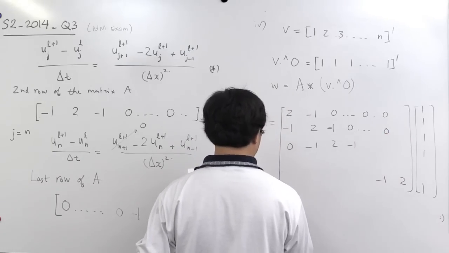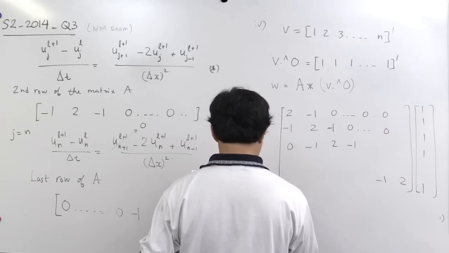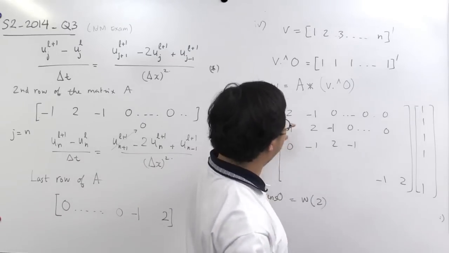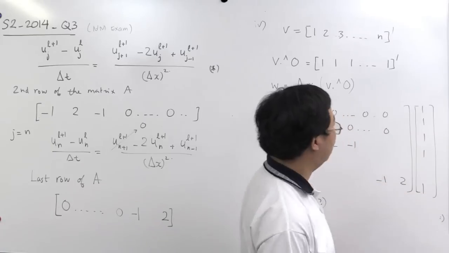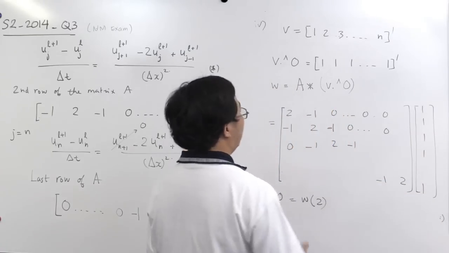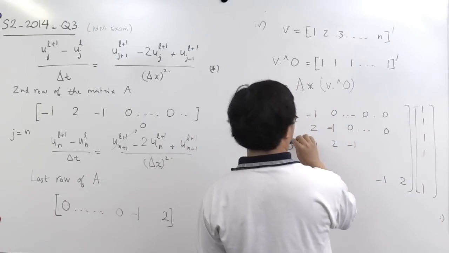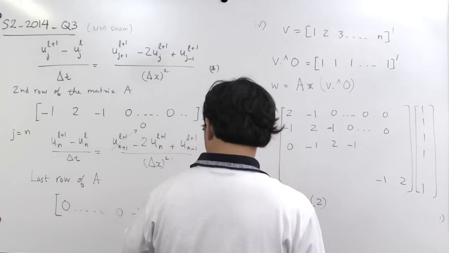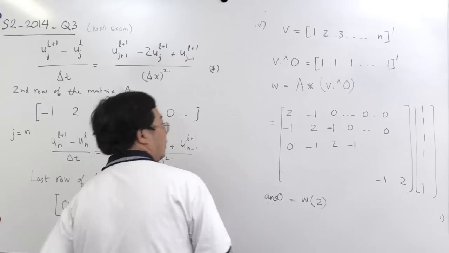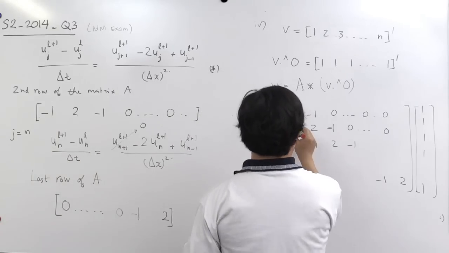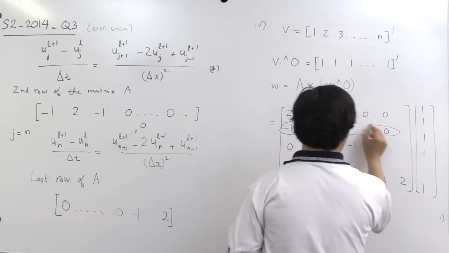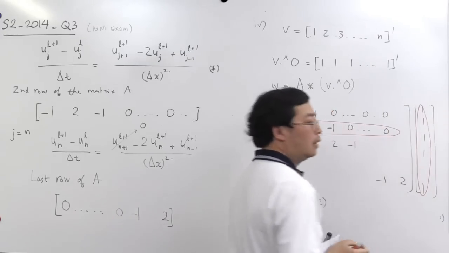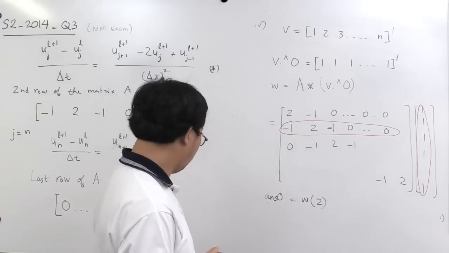So the answer is just w at 2. What is the second entry of this product? You can see that in order to find the second entry, you just take the second row of the matrix and you multiply it with the whole column vector.